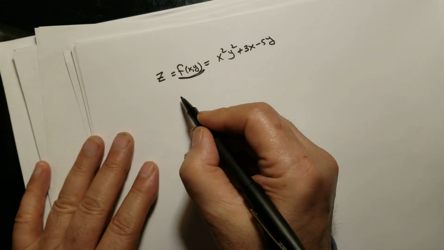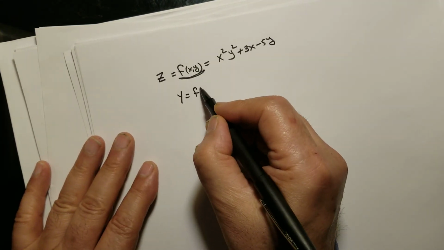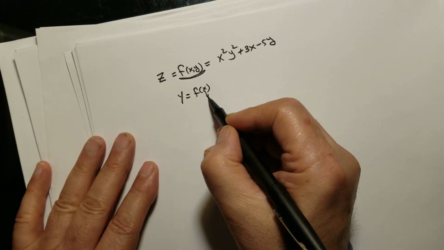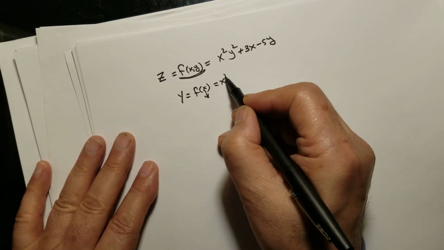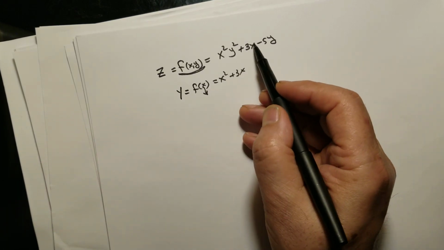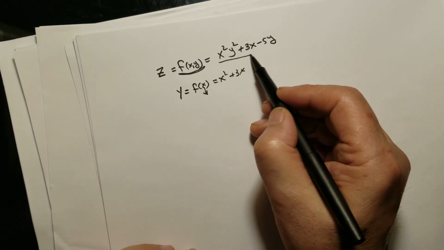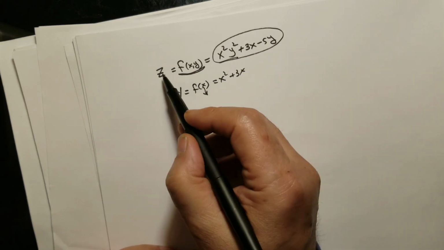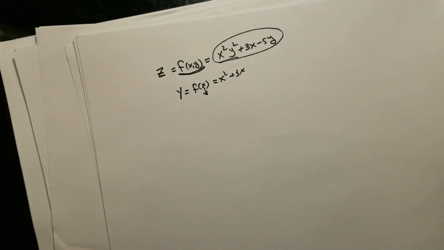The same way, instead of y, we wrote f of x as long as we use x to describe the function. Therefore, in here, as long as we use x and y to describe the function, we know the output of this one is the variable z.